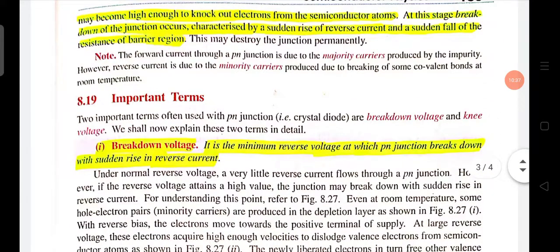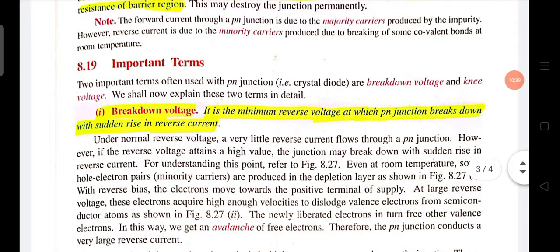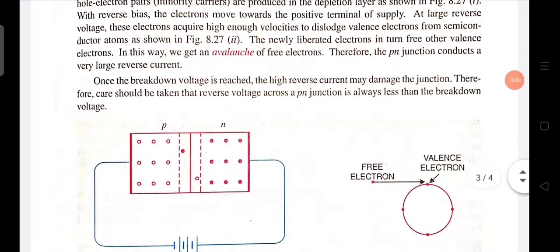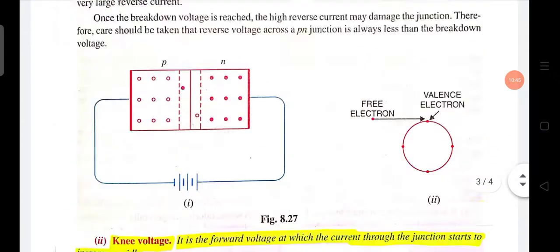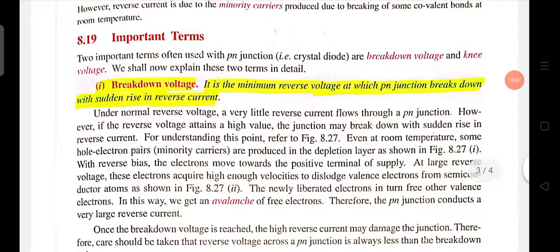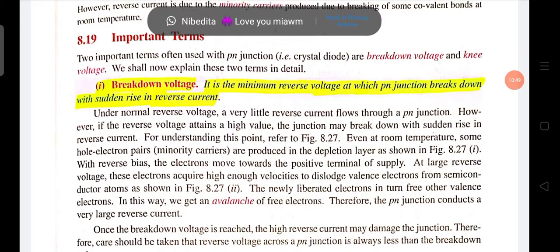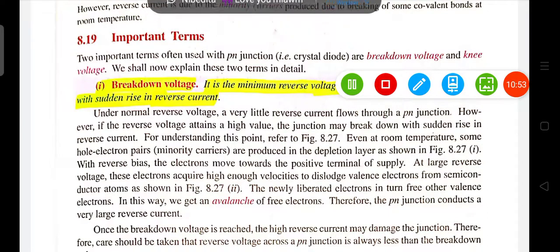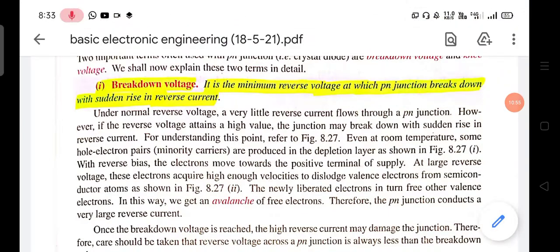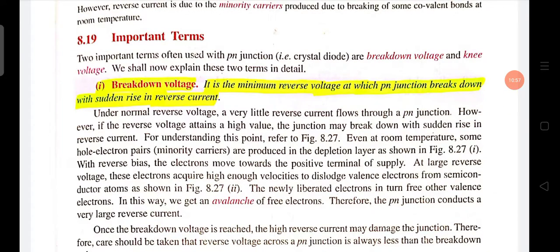Now I will tell you what breakdown voltage is and what knee voltage is. Breakdown voltage is the minimum reverse voltage at which the PN junction breaks down with a sudden rise in reverse current.